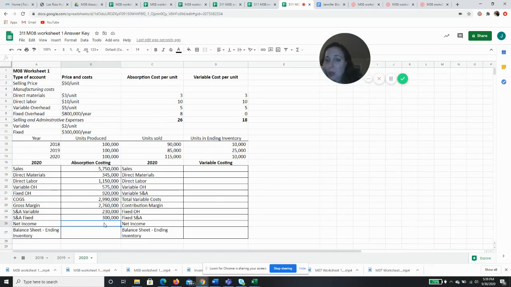It could be anything. Okay, so we take our gross profit of $2,760,000, subtract our variable S&A of $230,000, and subtract our fixed S&A of $300,000. We get a net income of $2,230,000. Cool?